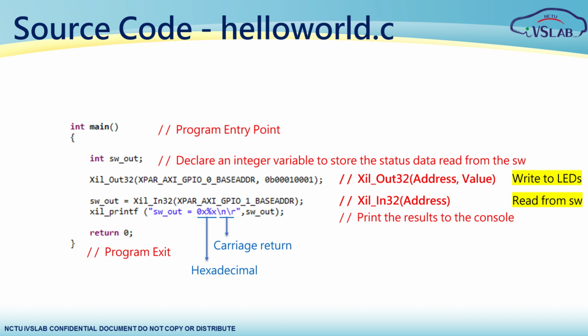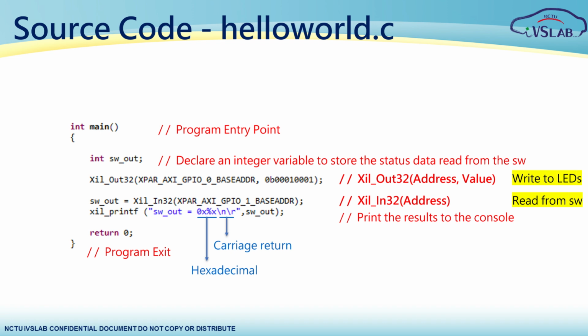This function issues an AXI write command, where the first parameter represents our mapped memory address, and the second parameter defines the specific data we want to write. Once this line executes, the GPIO register at that corresponding address updates immediately, thereby lighting up the specific LEDs on our board.